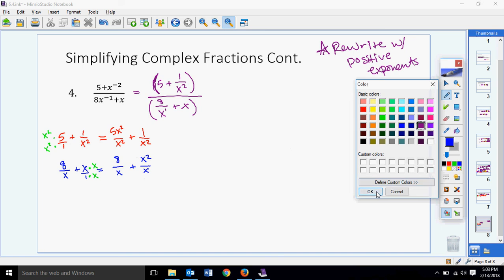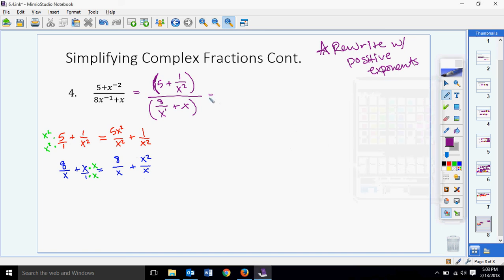So back up to the original problem. Actually, let's simplify these. So let's add. That way we don't have to do it in purple. So when I add, I get 5x squared plus 1 over x squared. That's my numerator. Down here, I have 8 plus x squared over x. That's my denominator.